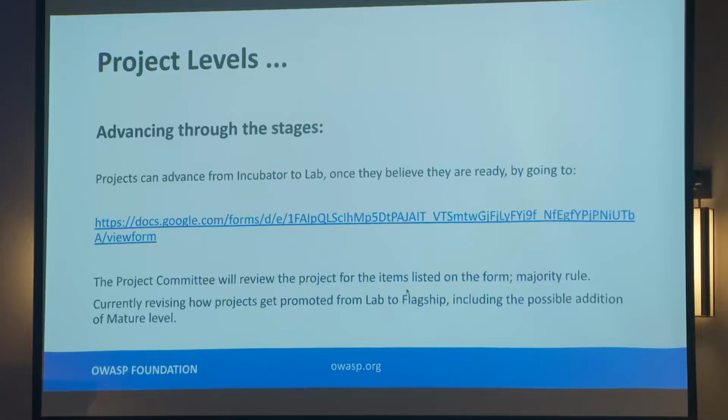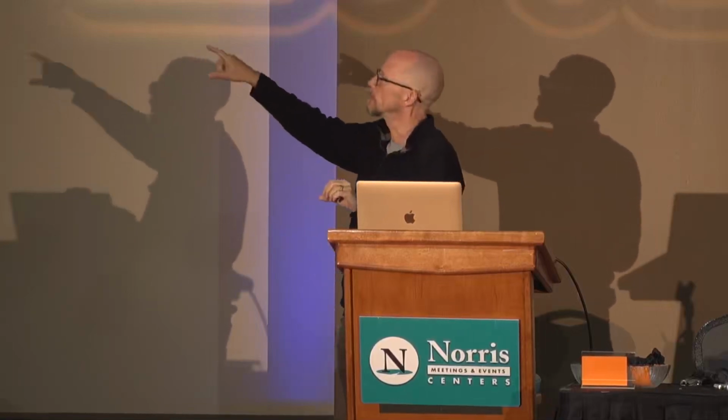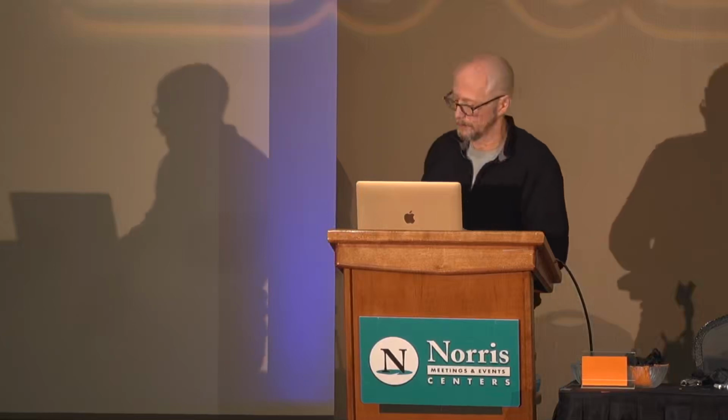And we determine whether or not it should be promoted. We're currently revising how we do lab to flagship, because with adding the lab to mature would be the same type process. And then mature to flagship would end up, again, going to the board for a vote.